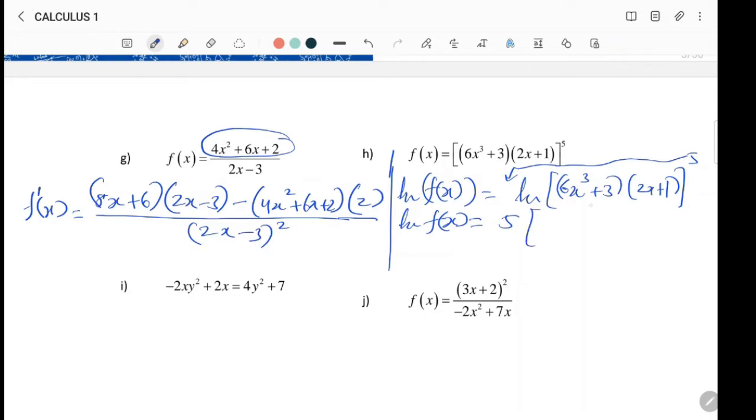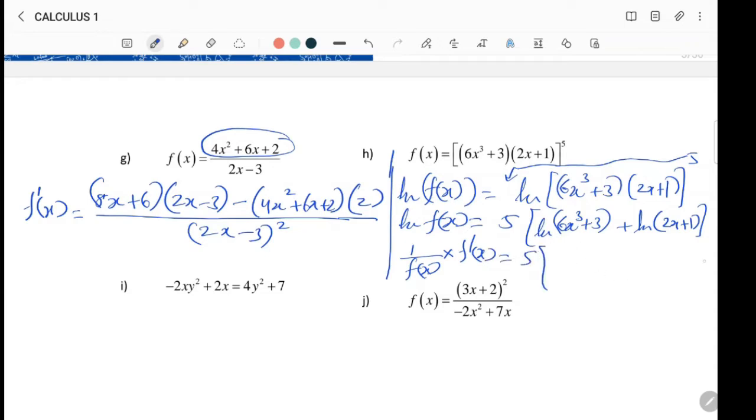Now inside ln we have these two, so because of the log property, we can break this. So we can write ln 6x cubed plus 3 plus ln 2x plus 1, right? And then we can differentiate. So ln differentiation is 1 over x, so ln fx is 1 over fx. Okay, now fx differentiation is f dash x.